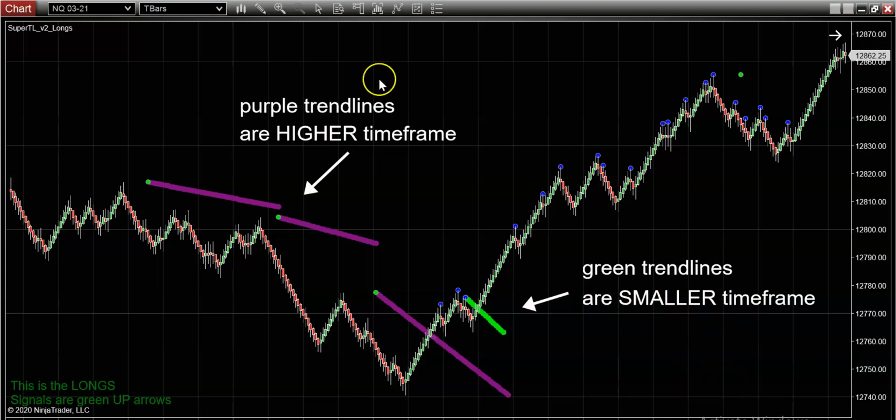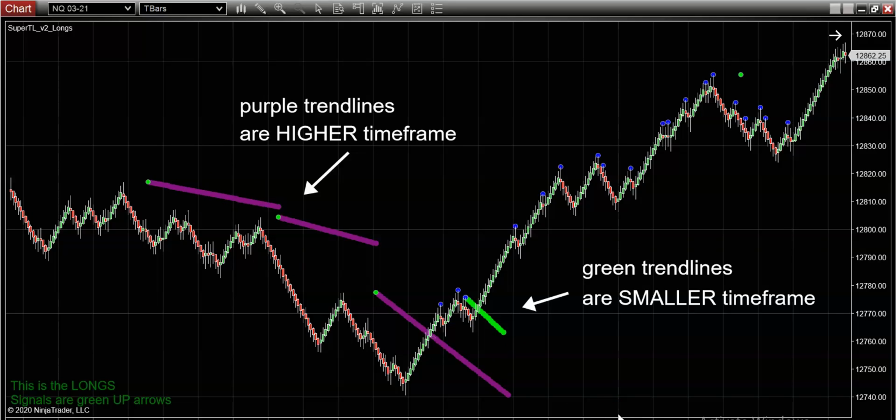And guys, what you're seeing here as the chart output, all I've done is combine the higher time frame chart into the smaller time frame chart. You understand what I'm saying? So that now when you start seeing purple trend lines, you're on the lookout for opportunities.